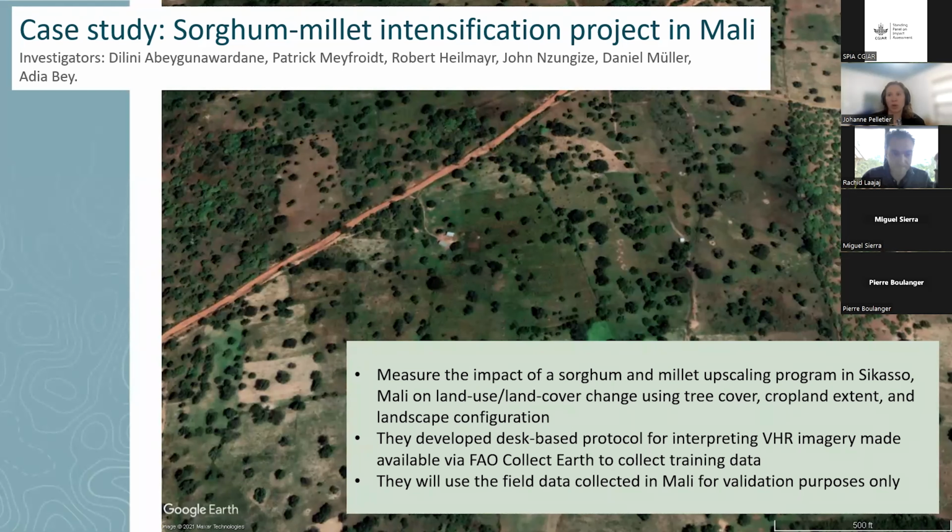They were looking at the impact of intensification on land use and cover change using three measures: tree cover, cropland extent, and landscape configuration. They built a desk-based protocol using very high resolution imagery to collect training data, and they kept aside all the field data collected in Mali for validation purposes only.